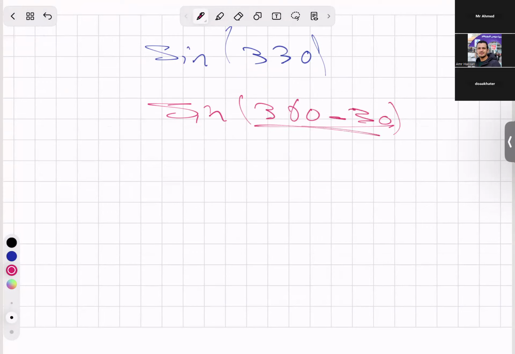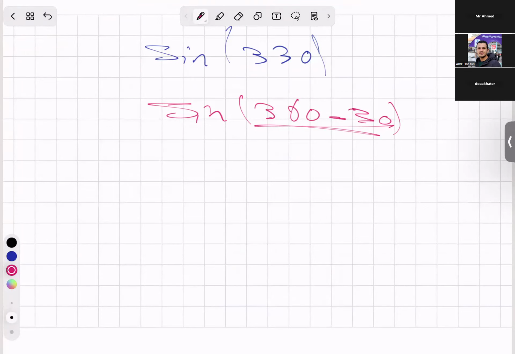Because if you subtract them from each other, 360 minus 30 returns back to sine 330, exactly the same, which makes sense. Let me investigate whether this one is positive or negative. So we got sine 360 minus 30.